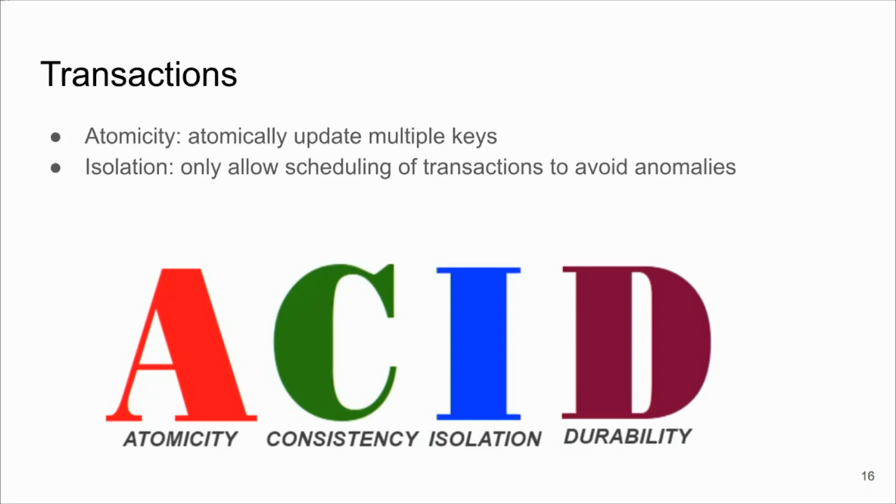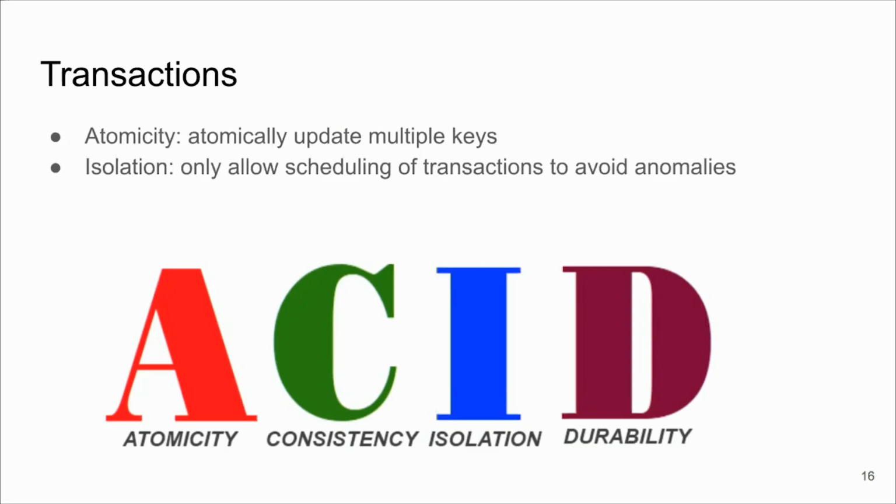There are two things that matter. One is atomicity. You want to make changes to multiple data, and these changes are visible to other transactions at the same time. The second one is that once you make changes, you don't want to generate some anomalies.